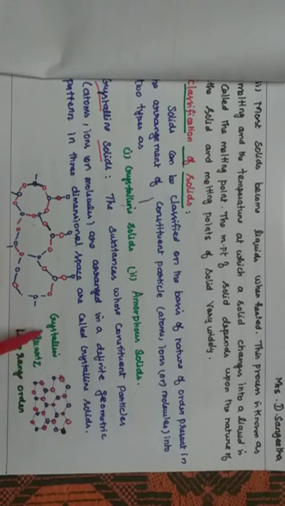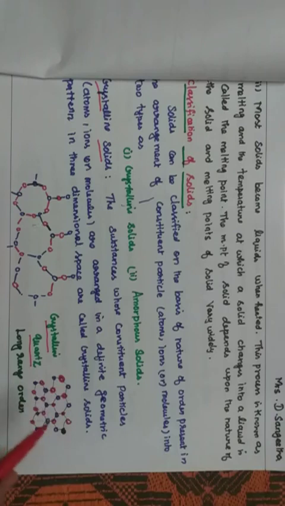For example, crystalline quartz is an example of a crystalline solid. In crystalline quartz, you can see the atoms are arranged in a regular manner. One atom is denoted with a red color, another one is blue color. The alternate positions are red, blue, red, blue, red.